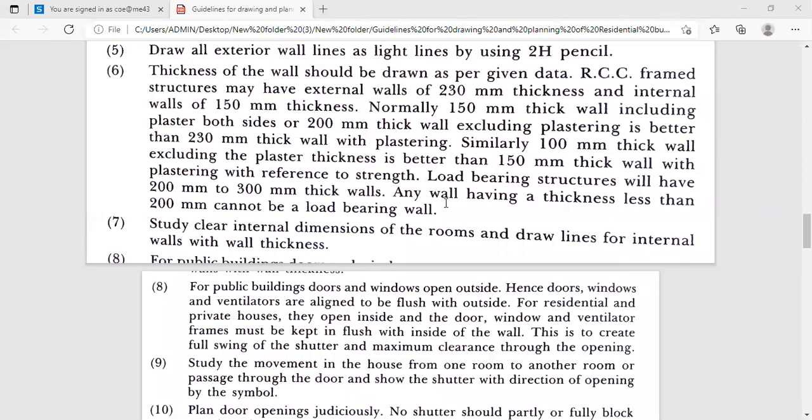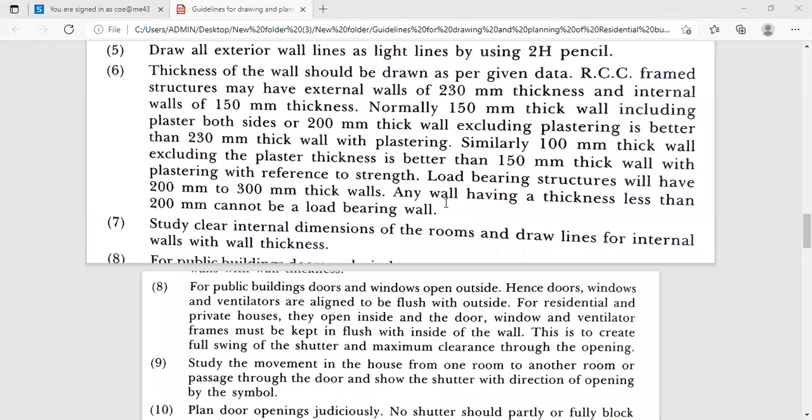Load bearing structures will have 200 to 300 thick walls. In a load bearing structure, the wall thicknesses vary according to how many floors you plan. If you increase the number of floors, the wall thicknesses at the ground floor and first floor will increase. Because we do not form any frame, the total superstructural load of the structure is carried by the walls only.